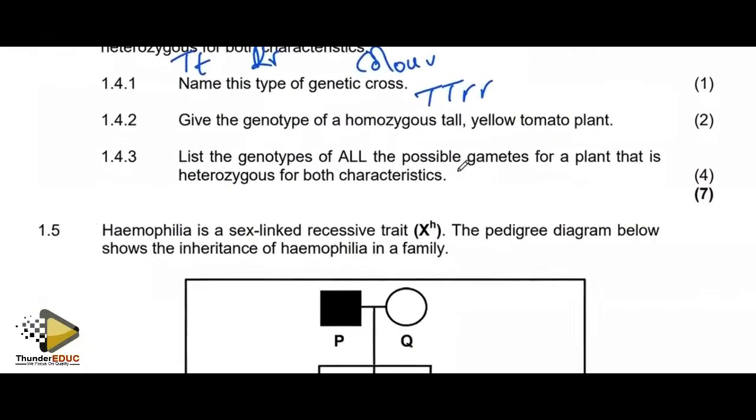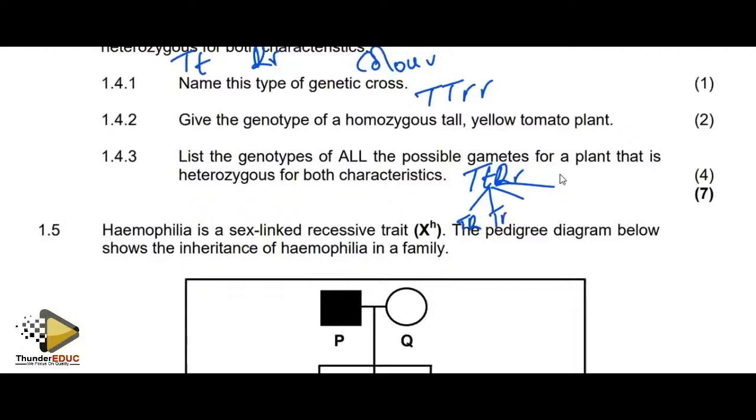List the genotypes of all possible gametes for a plant heterozygous for both alleles. If it is heterozygous, it's going to be capital T, small t, capital R, small r. Because it is dihybrid, I'm going to have this with this. It's going to be capital T, capital R, this with this, capital T, small r.